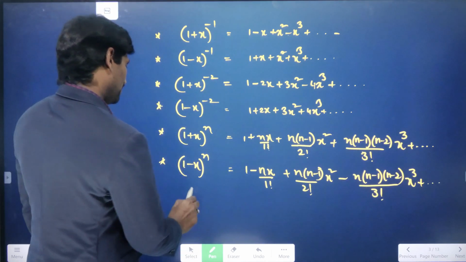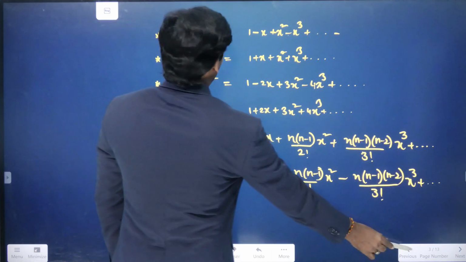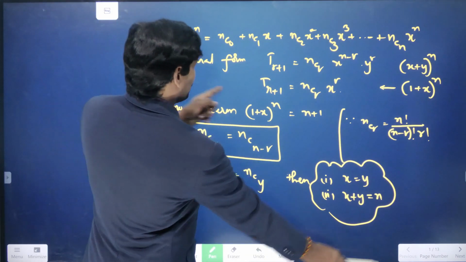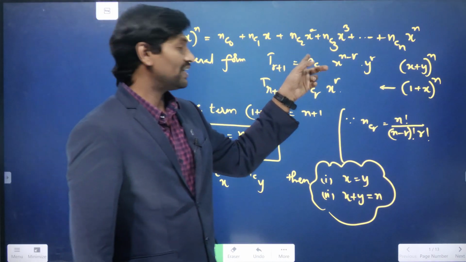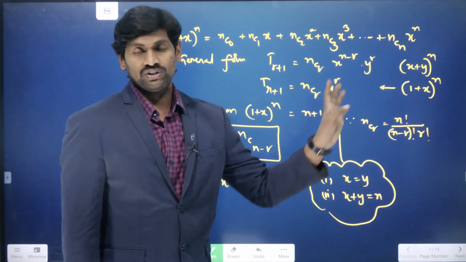Okay, so until now we have discussed two general terms here. What is the general term? Here the general term t r plus 1 is equal to nCr x power n minus r y power r, where n is a positive integer.